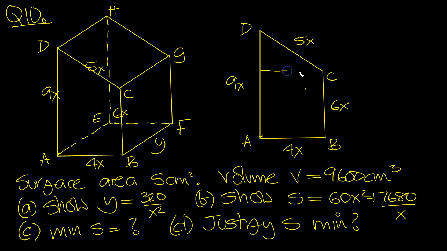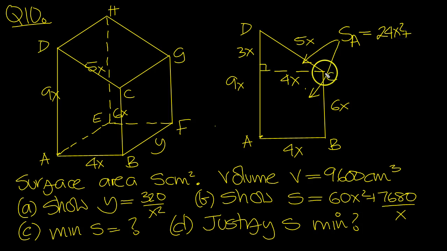So I'm going to drop a perpendicular from C onto that line here, AD. This is 4x. This is 6, this is 9, so this will be 3x. So this area, which we'll need, the cross-sectional area, will be 4 times 6 is 24x squared, plus half base times height. 2x times 3x is 6x squared.